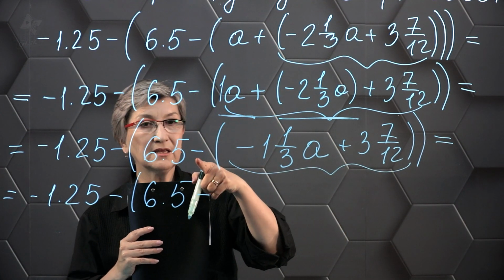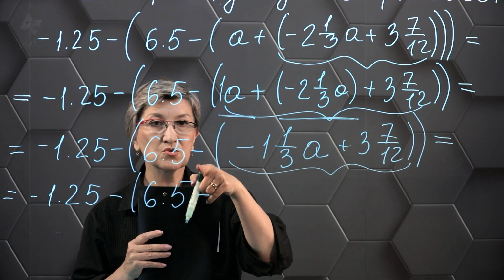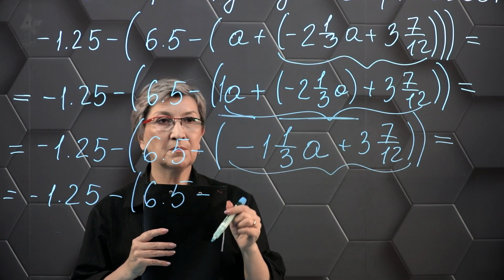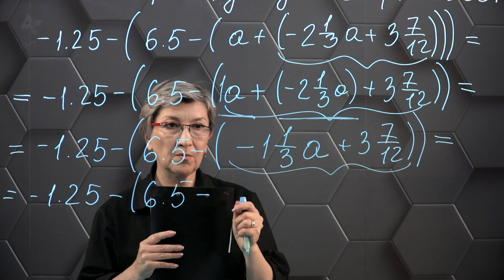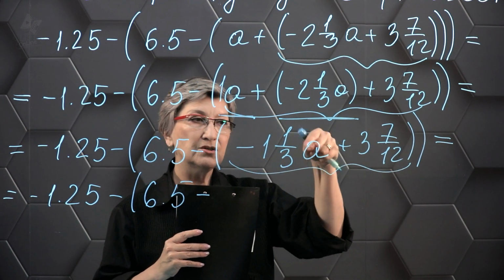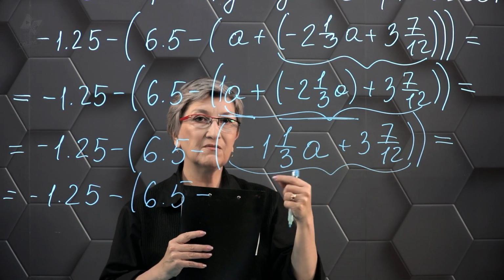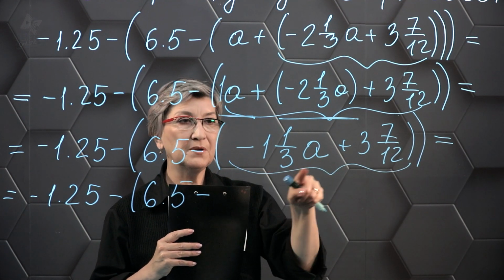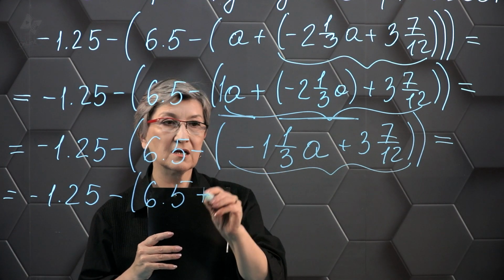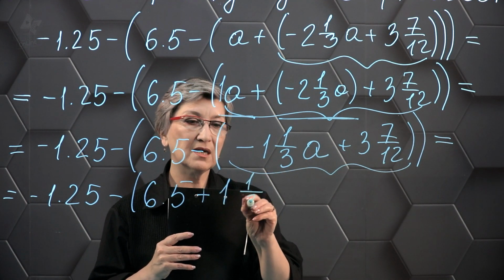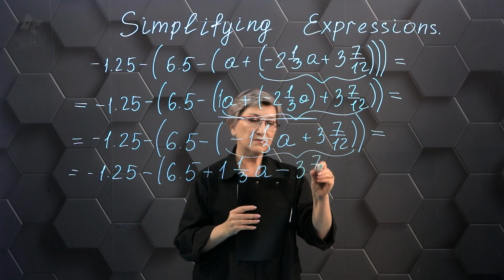But for this I need to pay attention to the sign written before the parenthesis. It's a minus sign. It tells us that we can write this expression without the parentheses, but all the summands we have to write with the opposite sign. The first summand is negative, so I write it with a plus sign. Plus 1 1/3 a and minus 3 7/12.